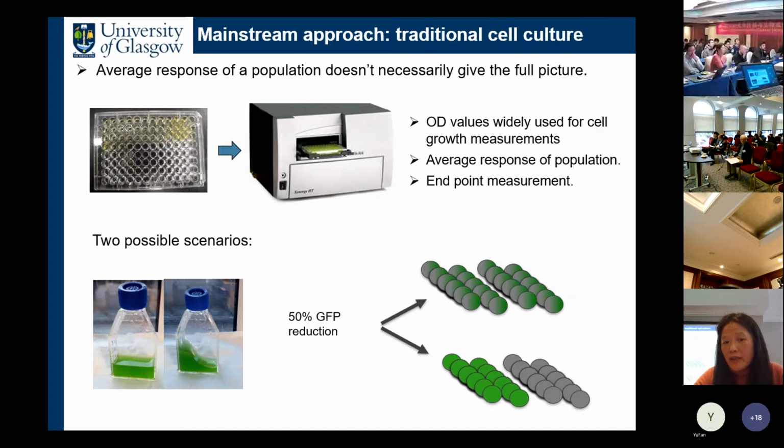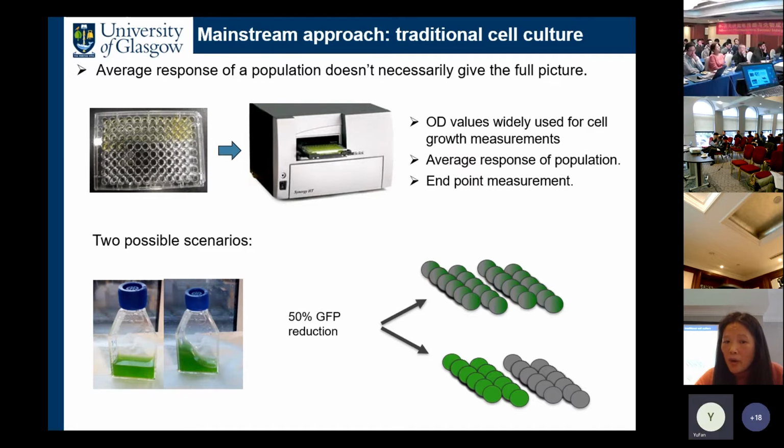For example, if we're interested in GFP reduction, this is a protein, and the reduction can come from the top scenario, or it can come from the bottom scenario where half of the population lost the ability to produce the GFP.